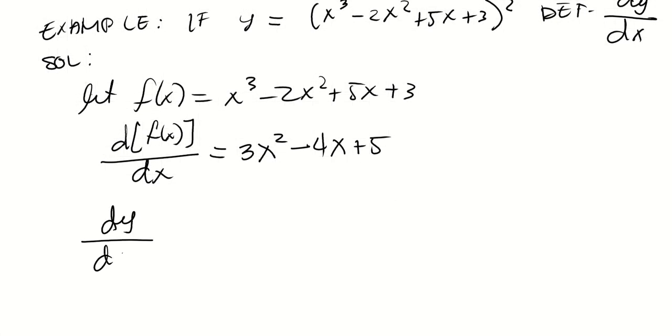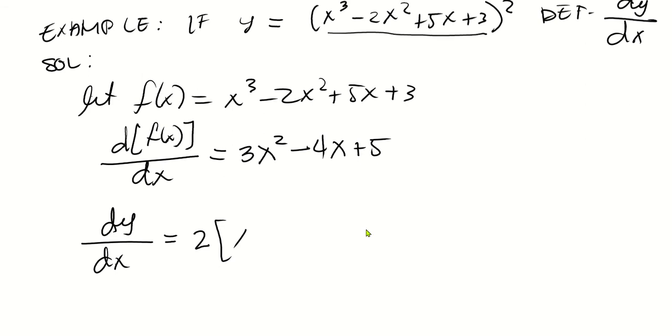dy dx now will be equal to, so here our f of x is this one squared, so bring down 2, then you multiply it with f of x. What is our f of x? Instead of writing that, we can directly write the value of f of x: x cubed minus 2x squared plus 5x plus 3.